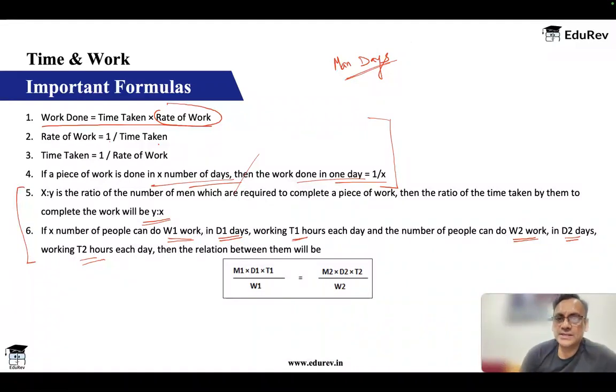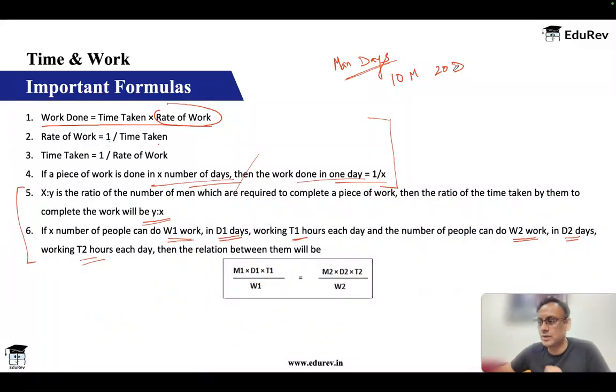What we mean by man days is, let's say 10 men can complete a piece of work in 20 days. Now here we are taking 10 men, so there is one inbuilt assumption that each man works with the same efficiency. All the men are equally efficient. There is no differentiation between one man and the other.